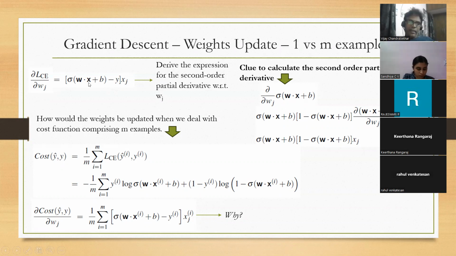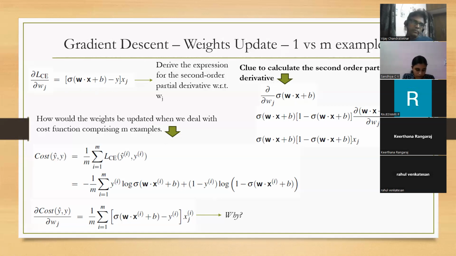Now, let's split that into two parts. The partial derivative of this minus the partial derivative of this. For one data point, what is the partial derivative of this? 0, correct? Because we already know the value of y for that data point. So you just need the partial derivative of this, correct?